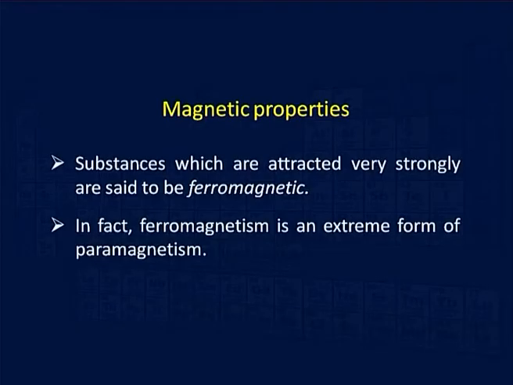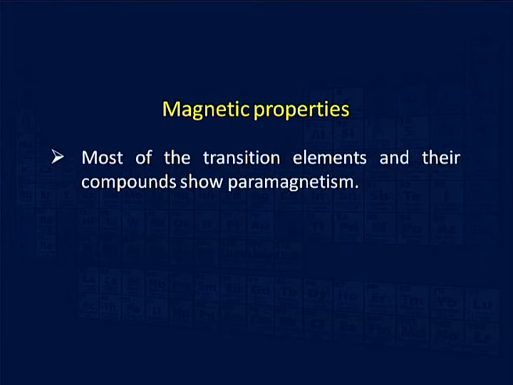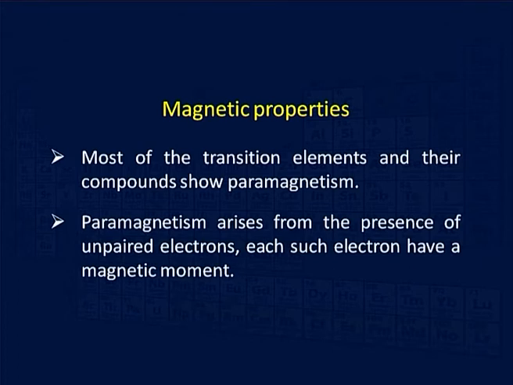This ferromagnetism is in fact an extreme form of paramagnetism. As I said, most of the transition elements and their compounds show paramagnetism, and paramagnetism arises due to the presence of unpaired electrons. Each electron has a contribution towards magnetic moment.